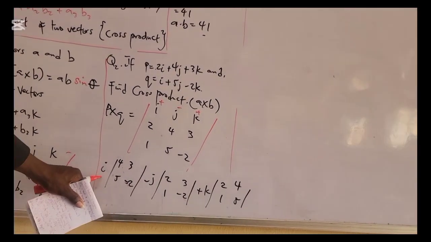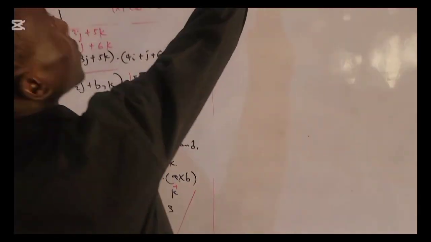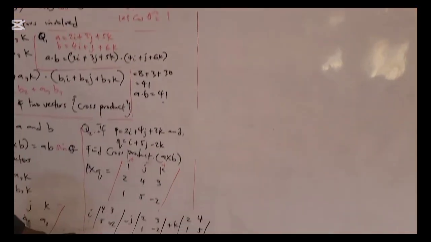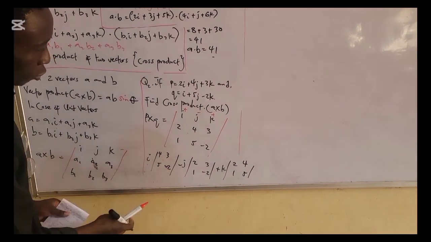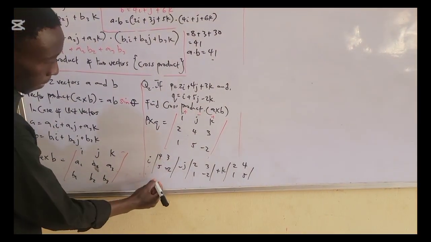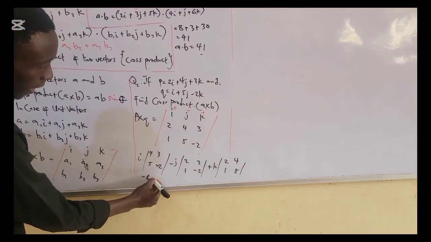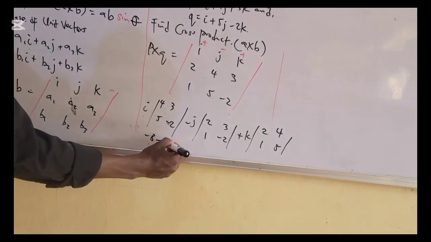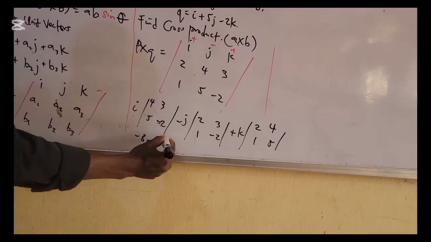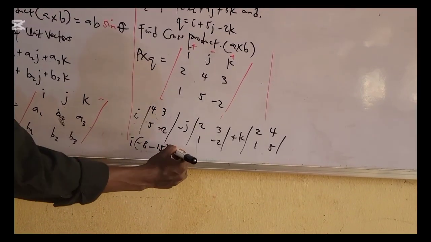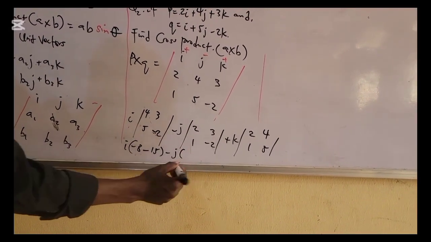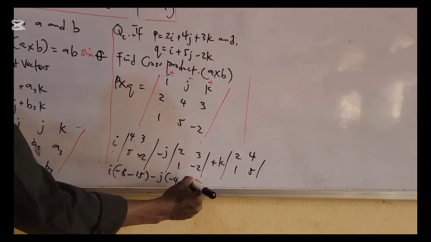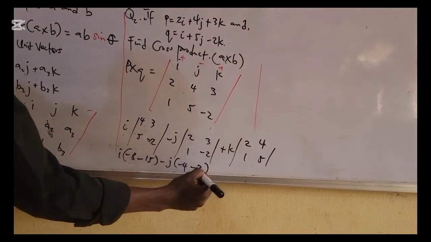So from here, we have I into brackets. If you look at this place, you see that 4 multiplied by minus 2 will give us minus 8, and we have minus 5 multiplied by 3, which is 15. So minus 8 minus 15 for this place. Then let's do this one: 2 times minus 2 is minus 4, and minus 3 times 1 is 3 here.